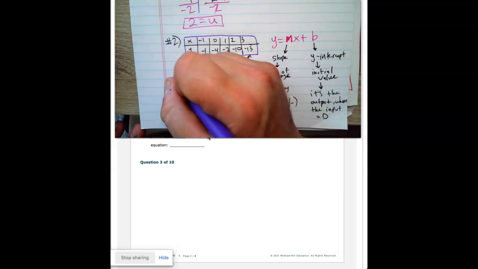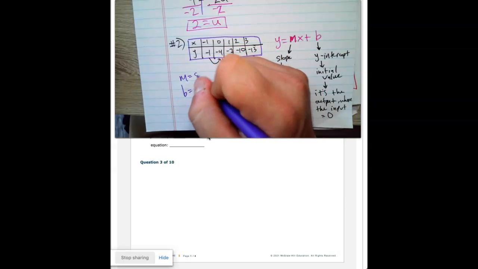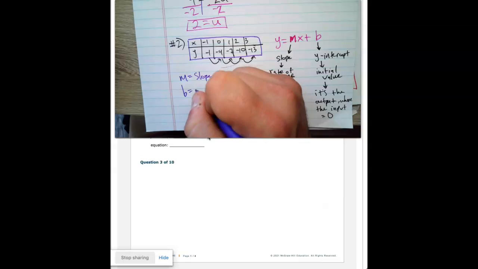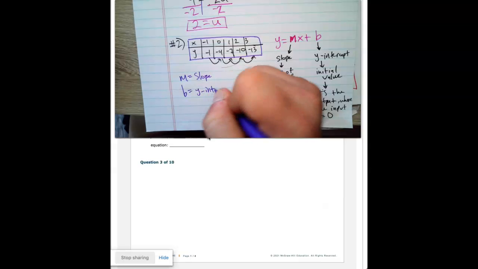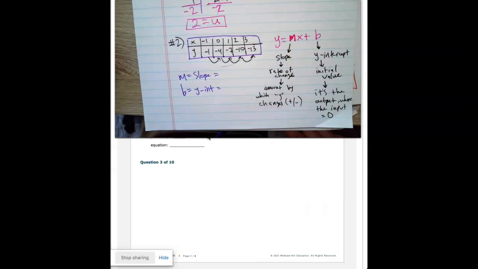Does anybody want to chime in? Remember, m is your slope, b is your y-intercept or initial value. Anybody know what the slope is or the y-intercept is? You could just say it, or type it into the chat: b equals, m equals. Once you know what those are, you just plug m and b into this equation.